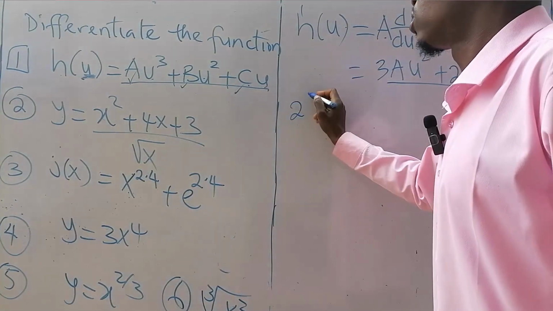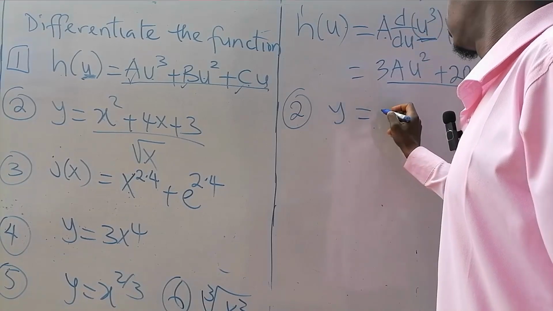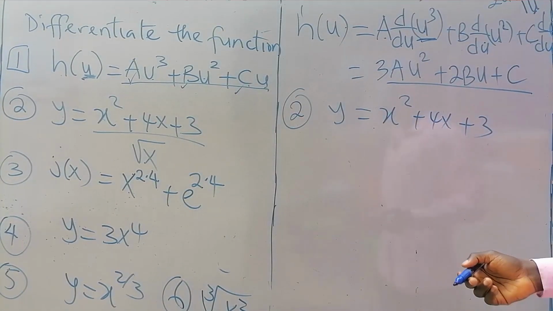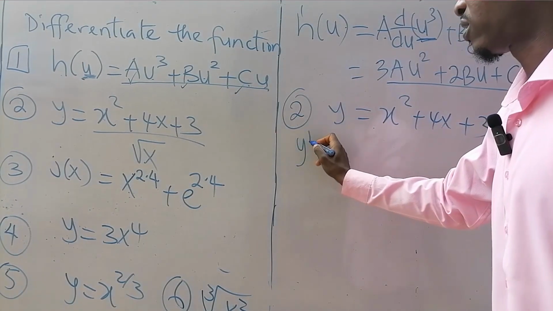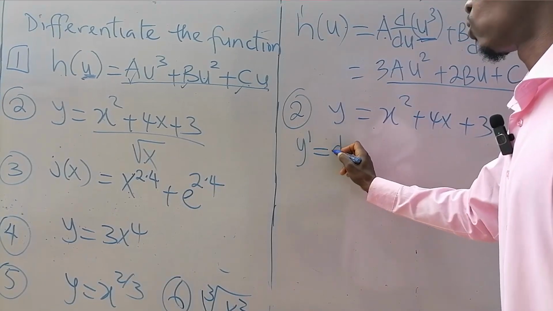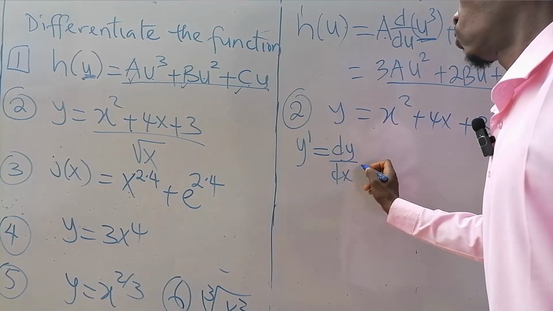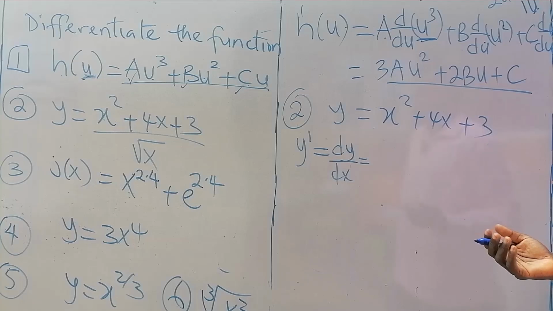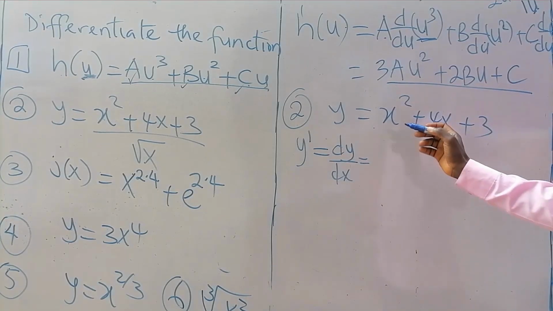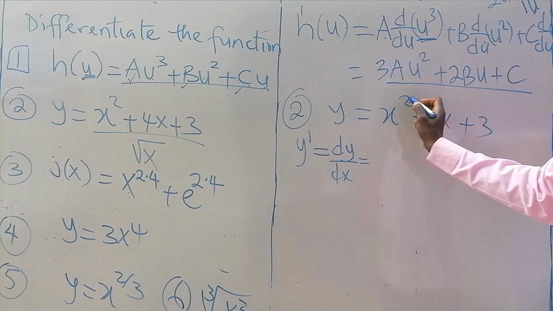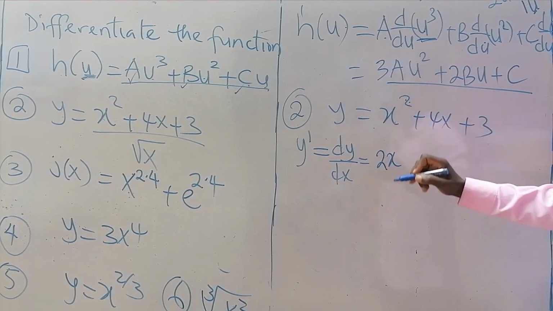The second one, we have y equal to this. You can use y prime if you want. You can also use dy/dx, which is the derivative, or differential coefficient. So this one will be what? The power to the front, 2, and then the power minus 1.